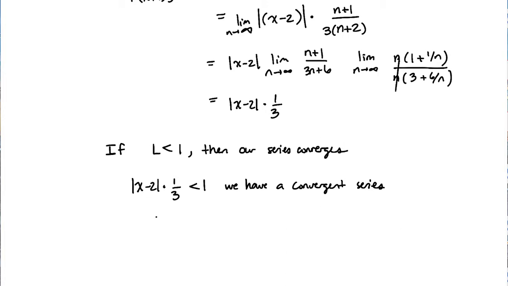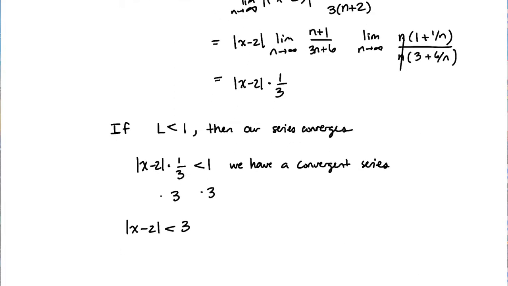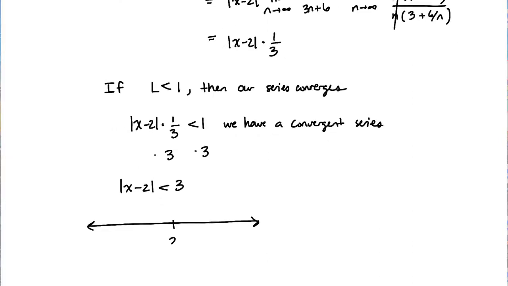So now I can solve this basic inequality. Remember, what we're solving for is we're trying to get an inequality that gives me my interval. So when I see |x minus 2| times 1/3, if I multiply both sides by 3, I get, here's my interval coming up, |x minus 2| less than 3. So what does that look like? Looks like your center is at 2.